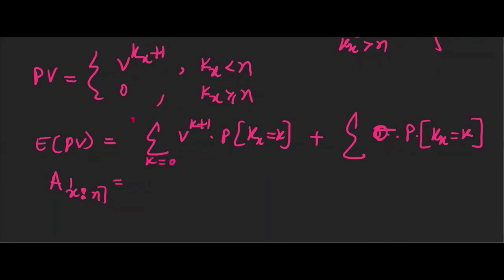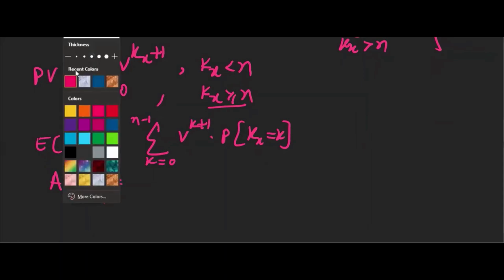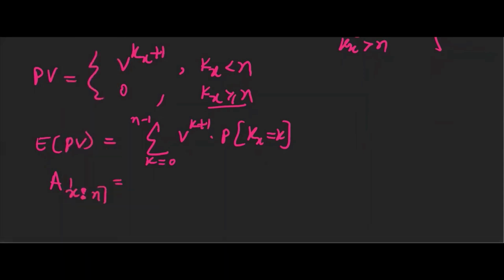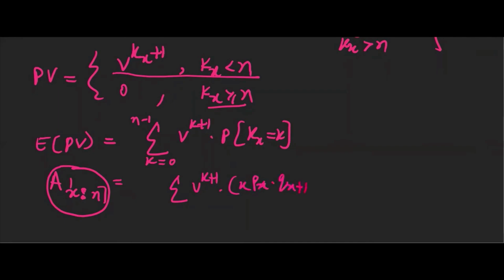K equal to 0 up to n minus 1. Once it starts from n, there is no benefit here. Even if you want, you write only up to this n minus 1, because here it's 0 anyway. If you don't prefer, you write only the first one, the second one you omit it. Don't write anything. So that's all. This is the expression you need to remember. So this is actually A x n 1. When I say this expression, that is summation v power k plus 1 times k deferred qx, or px k times v times q x plus k. That's all.